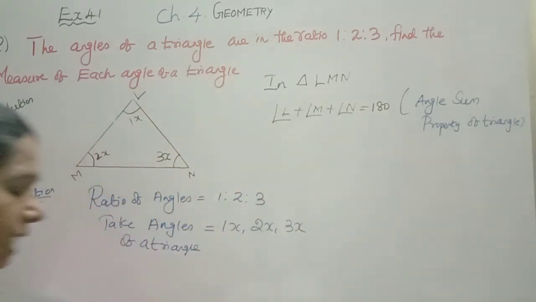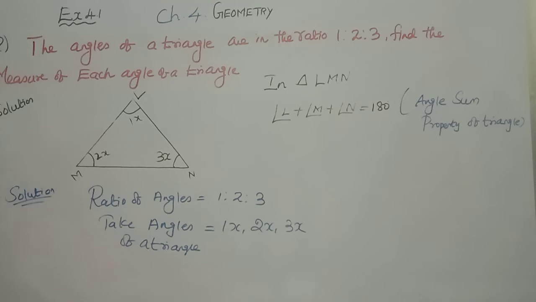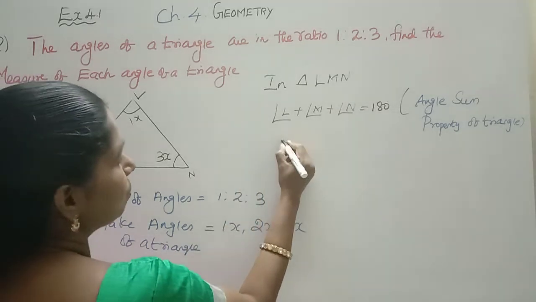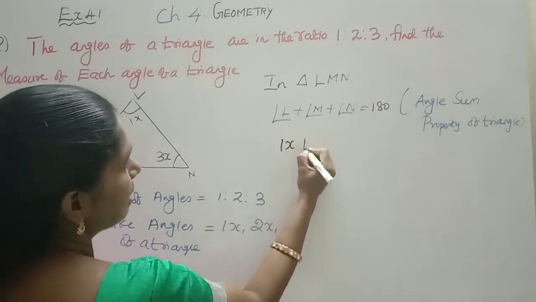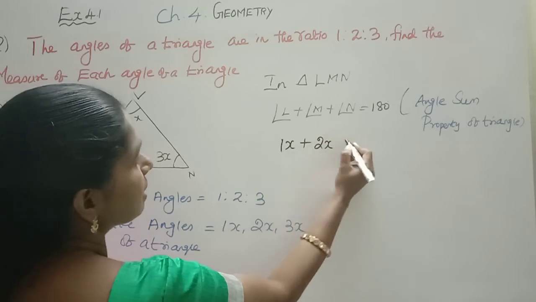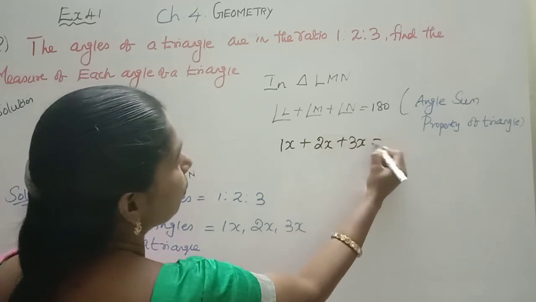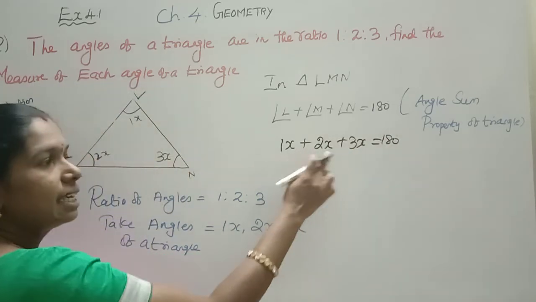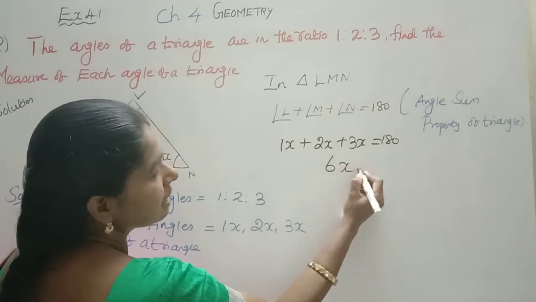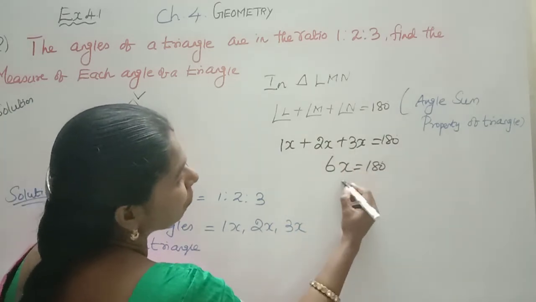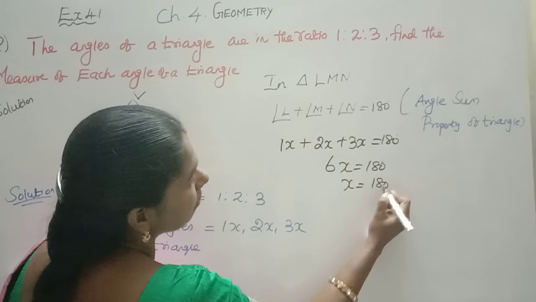So 1x plus 2x plus 3x is equal to 180 degrees, which means 6x is equal to 180 degrees. So x is equal to 180 by 6.